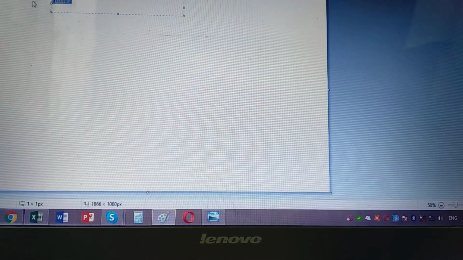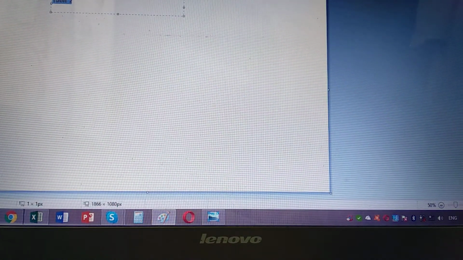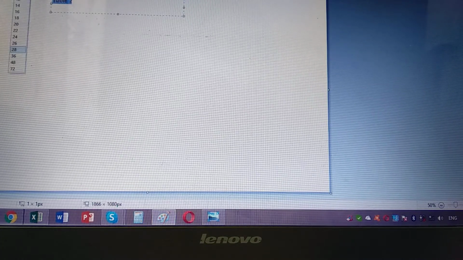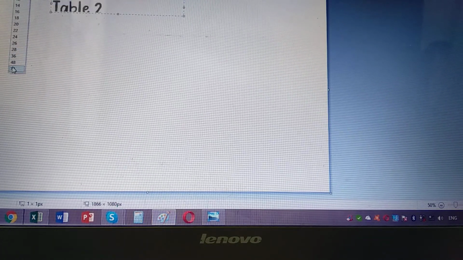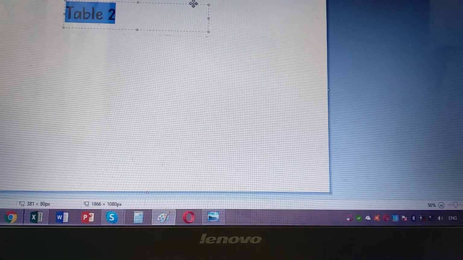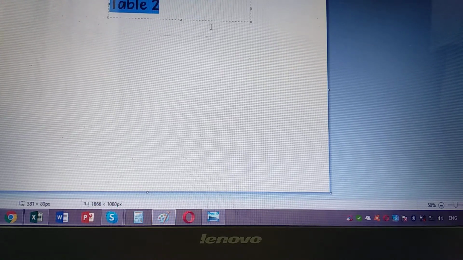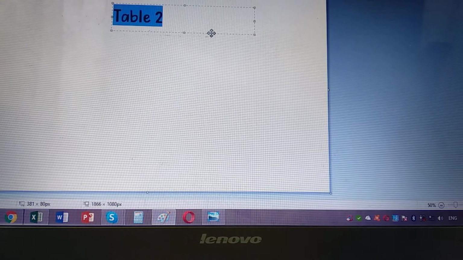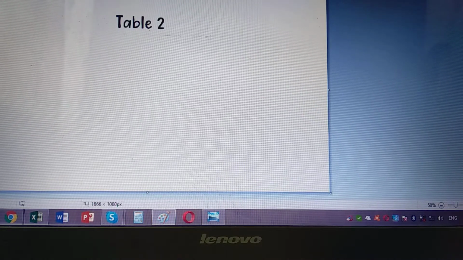I'll make it bigger so you can see it better. So, for example, table 2.